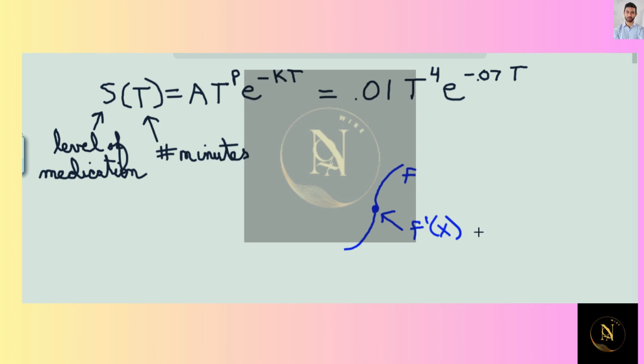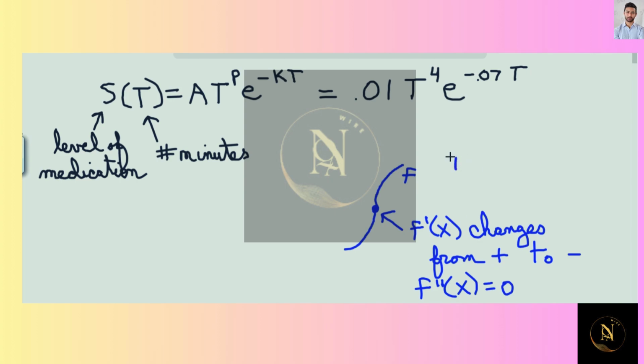So f prime of x changes from positive to negative. The second derivative at this inflection point would be 0. So this is what happens at an inflection point.